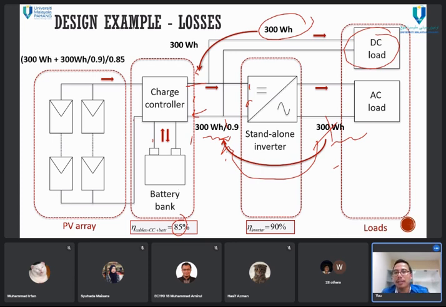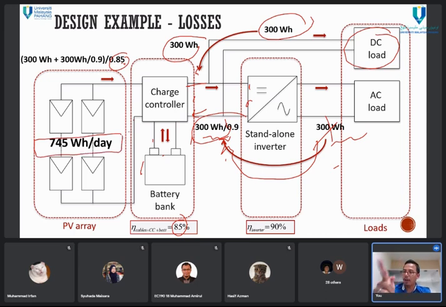Means the total will be divided also by 0.85. Originally 300 watt hours plus 300 watt hours over 0.9, then we must divide by the general system efficiency, and the calculation becomes 745 watt hours per day of energy that we need every day for our system.